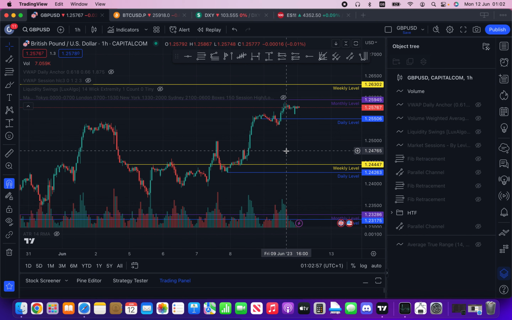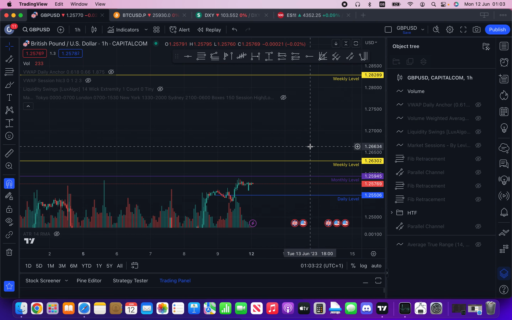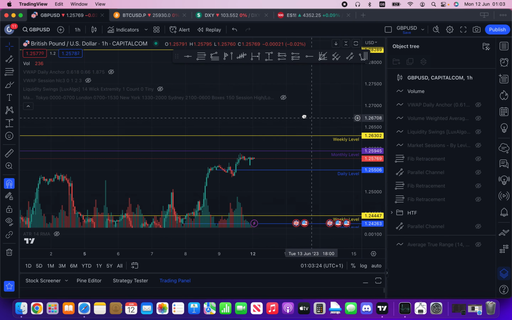If inflation comes as expected, I don't think that'll be very positive for the US dollar. And if we look at the macroeconomics for the pound, it's obviously not great, but looking at the chart itself, I believe the pound will go up against the dollar until we hit the 1.28. But once we hit that, I think we're probably going to see quite a steep retracement.